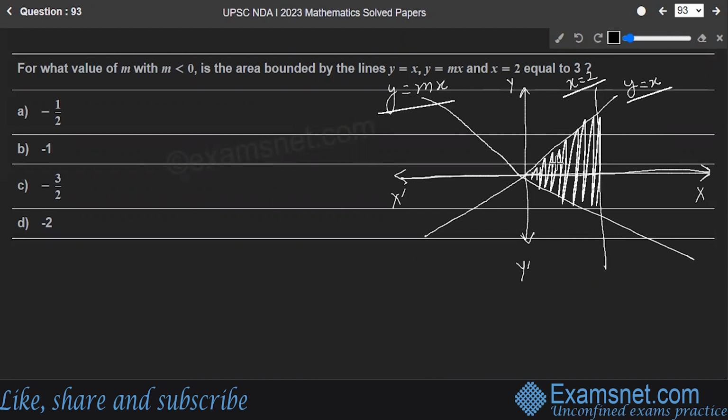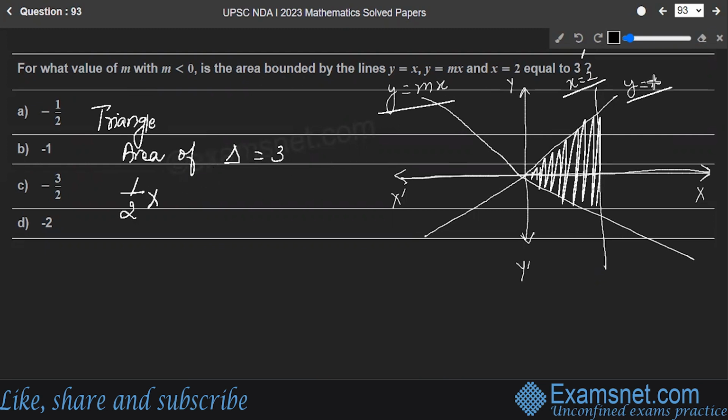All right. Now, in this question, you are given that the area bounded by these three lines is equal to 3. So these three lines are actually making a triangle, and the area of the triangle is given to you as 3. It's half into base into height.